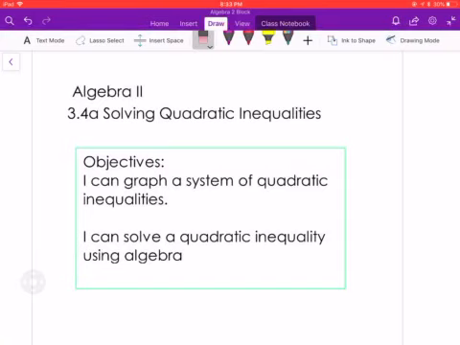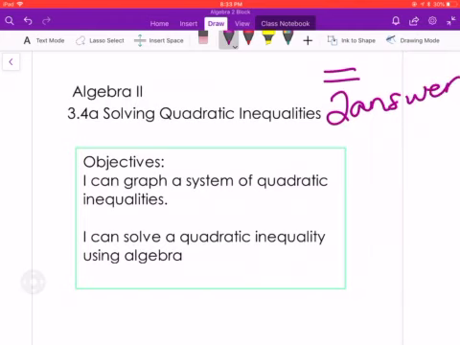All right, we're going to solve quadratic inequalities. The main difference between solving a quadratic equation and a quadratic inequality is that an equation has an equals sign and you get two answers, while an inequality has inequality signs like greater than or less than, greater than or equal to, less than or equal to.